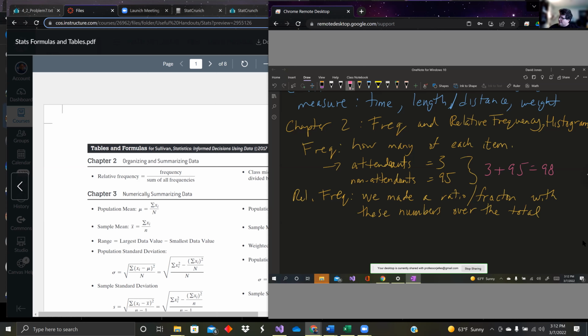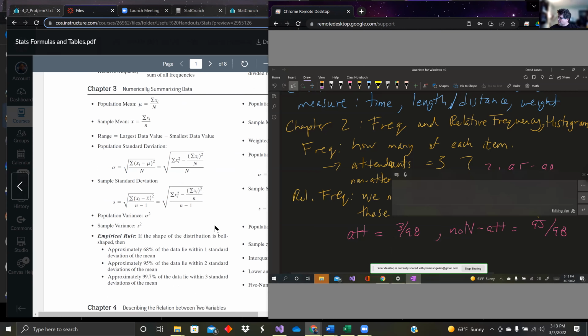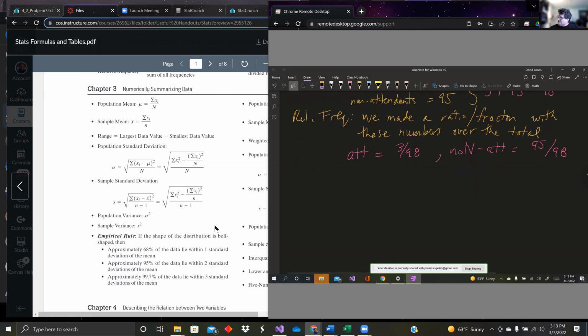My attendance frequency is 3/98. My non-attendance is 95/98. And we could turn this into a decimal if we wanted to. In this section, we also had our histograms.